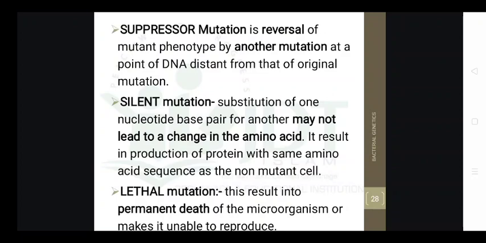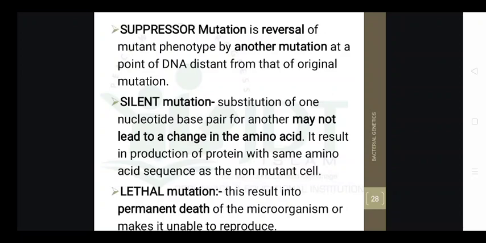That is known as suppressor mutation. And next one is silent mutation. In silent mutation, substitution of one nucleotide base pair for another may not lead to a change in amino acid. After the mutation it will produce a new codon which represents the same amino acid as the previous one. That is known as silent mutation.